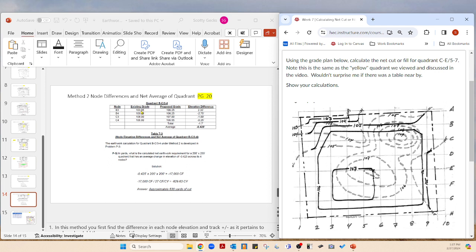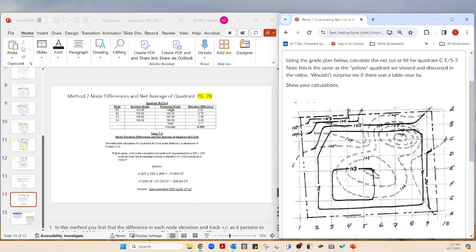If you want to know whether or not you have a cut or a fill, you can obviously look at elevations and say, look at this elevation, look at this elevation. This is existing, this is proposed, right? So it's obviously going to be a fill just by looking at it, because it's 103.95 here, it's 106.25 here, so you're going to have to fill it.